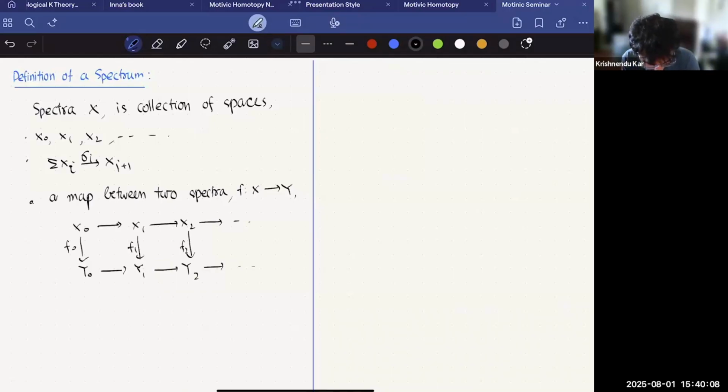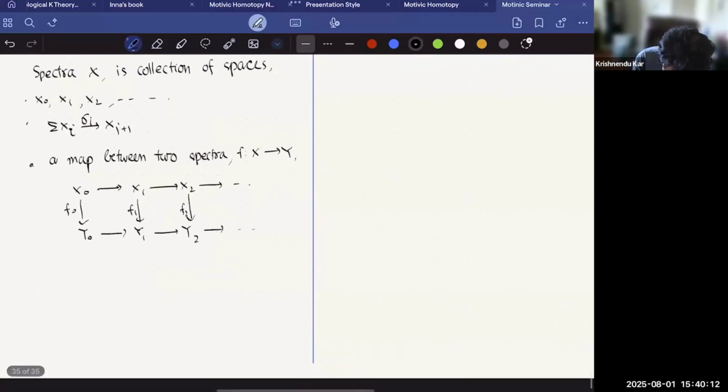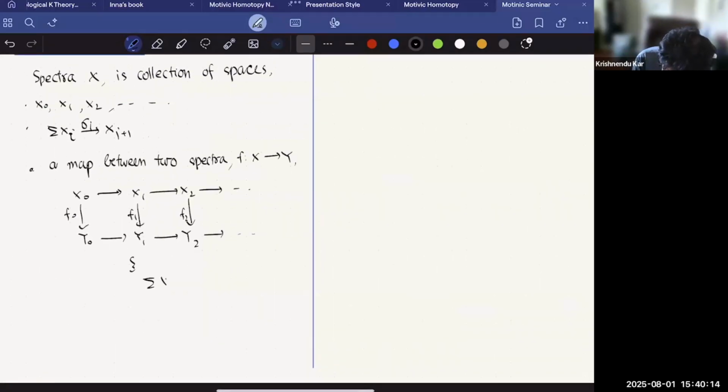What I'm writing down is this diagram: the suspension of xi to x(i+1), the suspension of yi to y(i+1), with f(i+1) and the suspension of fi, and they commute.